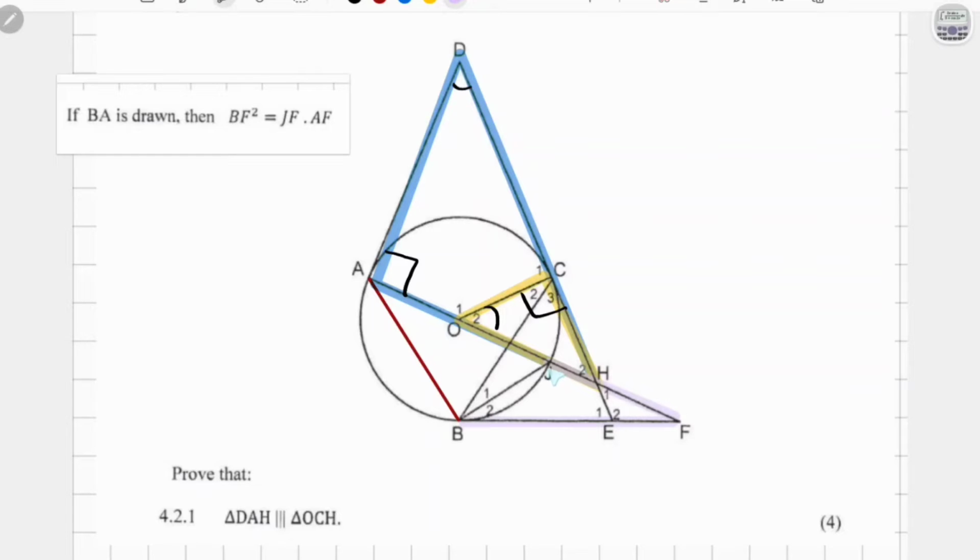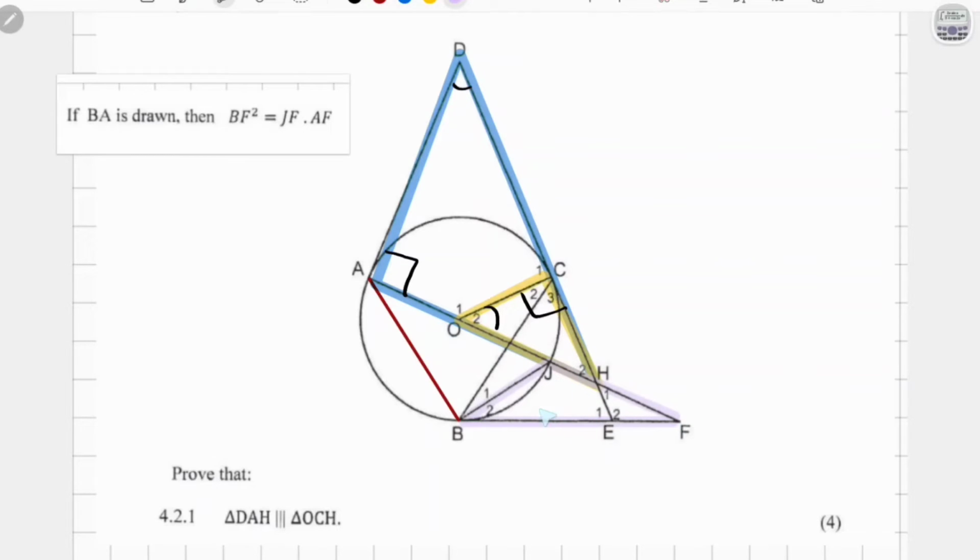It looks like this triangle, which I'm highlighting in purple now, this little triangle here, BJF, because the sides BF and JF are in these dimensions that they're asking for here, right? And then the other one, remember we have BA. They said if BA is drawn. So clearly BA has a lot to do with our answer. So we have BA and they mentioned AF.